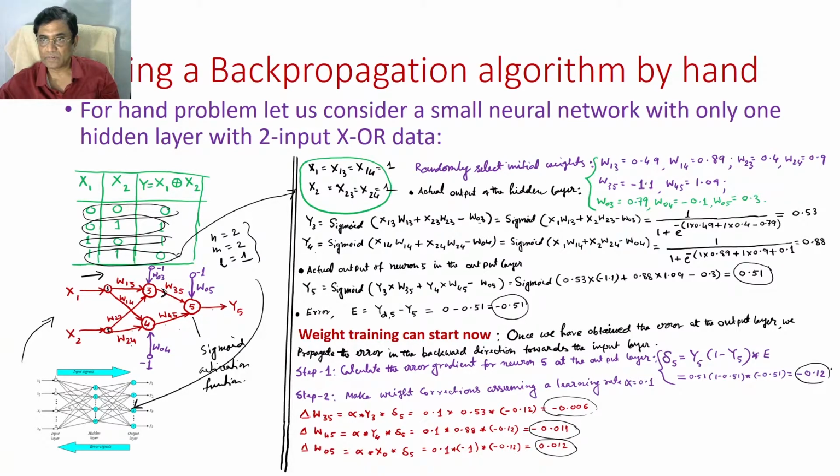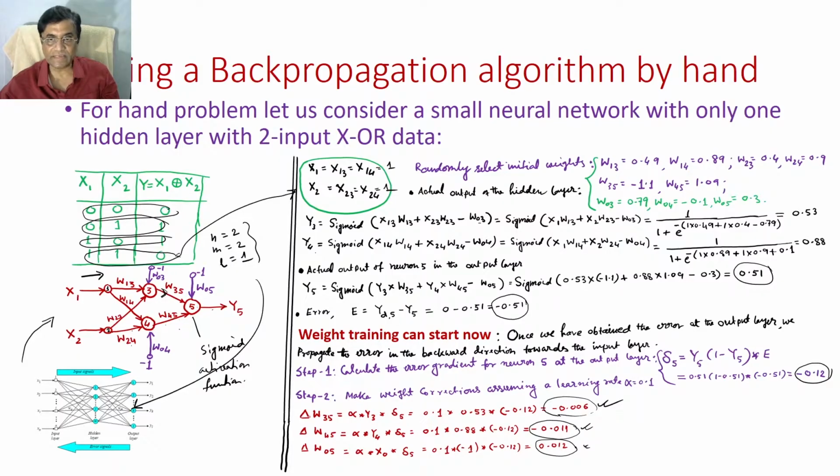It's a small quantity, minus 0.12, and then we were able to update the parameters associated with this neuron, because now we have the error gradient. So how much this has contributed to the error, now I know, and accordingly I am calculating delta, right?